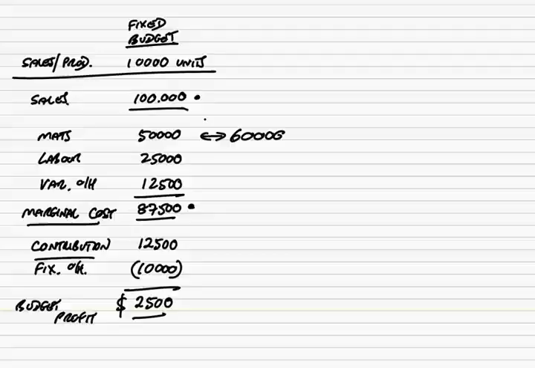Why? Because above the second table it says we actually produced 12,000 units. And of course, even if the manager did his job perfectly, if you produce more units, you'll expect to spend more money.